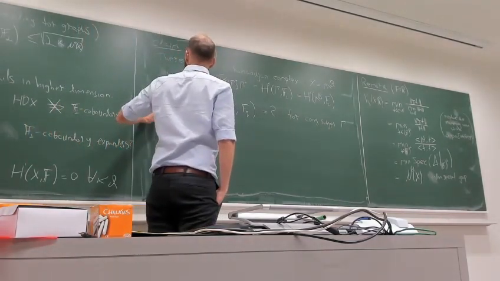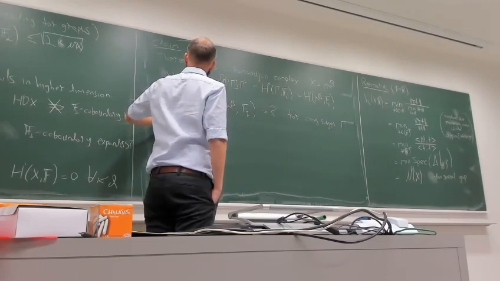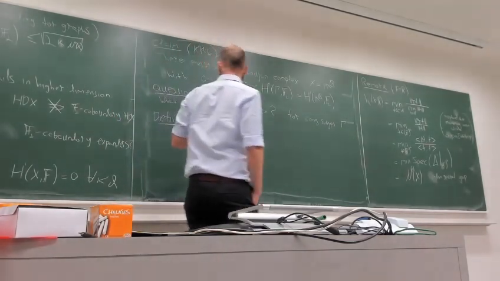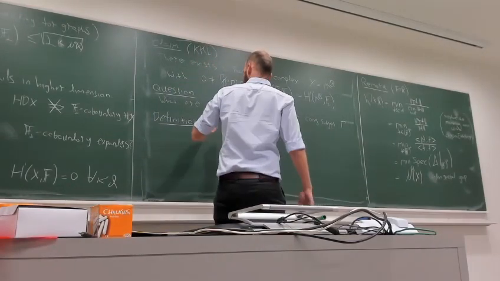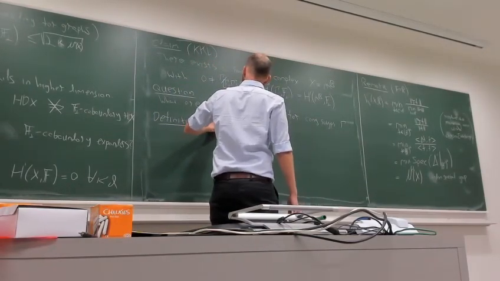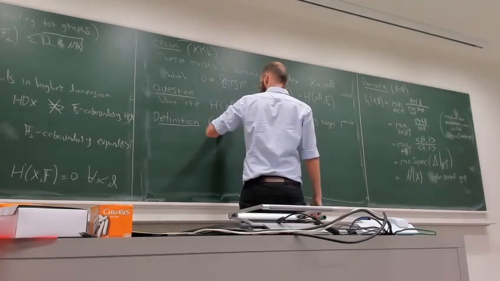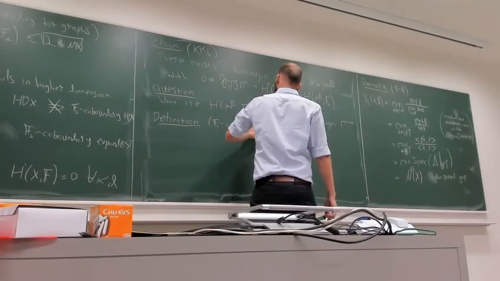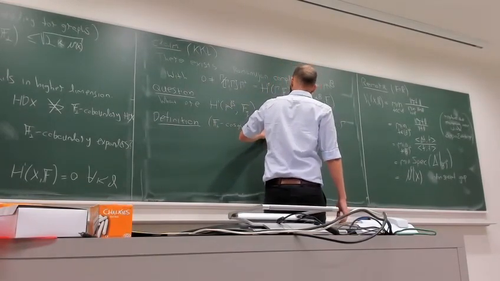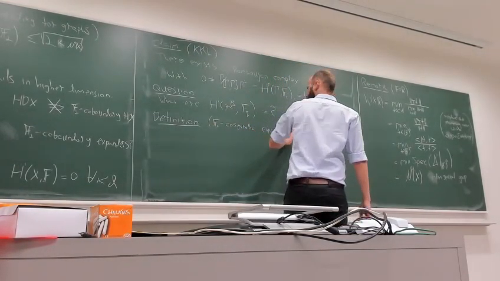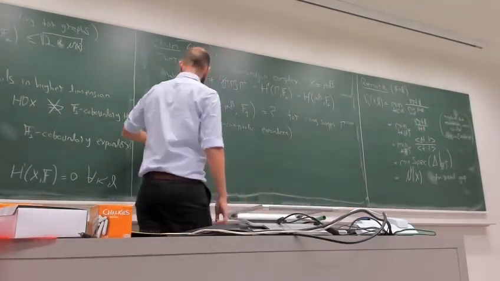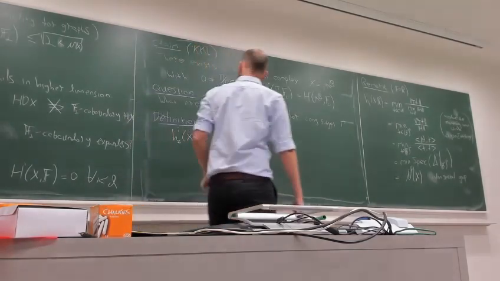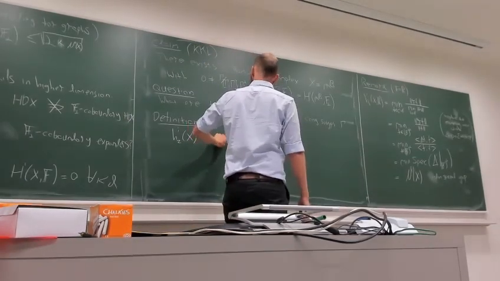Okay, so now this is why I had the little b there, hiding. So now I'm going to define a closely related notion called co-systolic expanders. And so I'll define the constant h_Z^i of X, that's the minimum.